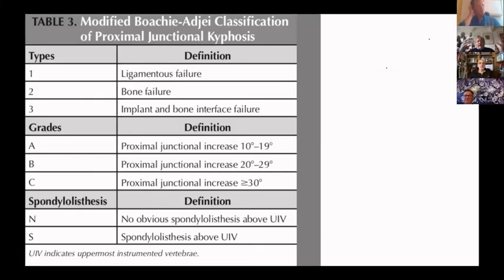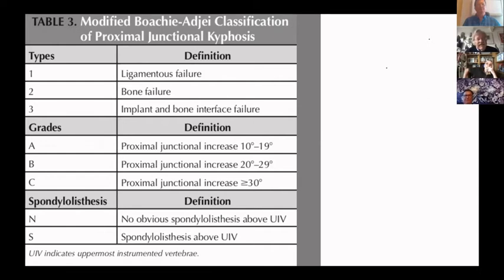Now, when we are summarizing all this, what I showed you, these different presentations of this proximal junctional kyphosis, there is, of course, again, an attempt to classify these things, and it is specifically the group of Boachie who have tried to classify that.